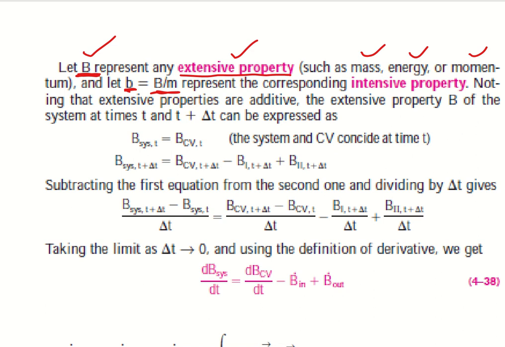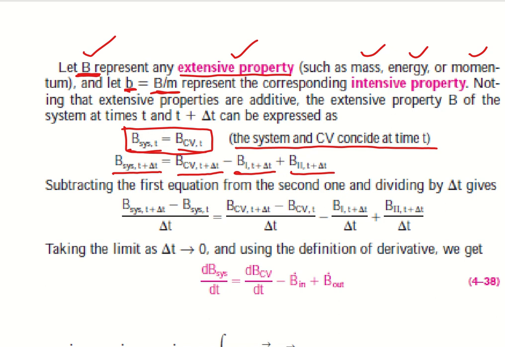So at time t, for the given figure, B system of t and BCV at t, both are same. At time t plus delta t, B system t plus delta t is equal to BCV t plus delta t minus B1 t plus delta t plus B2 t plus delta t.